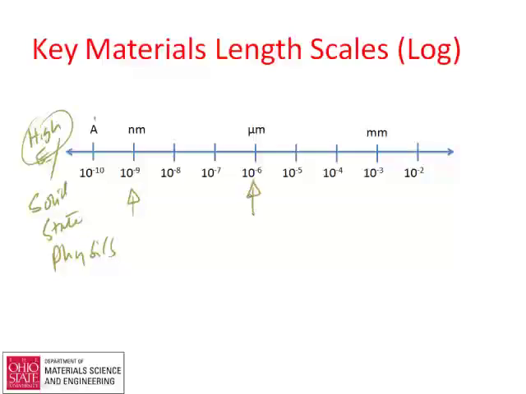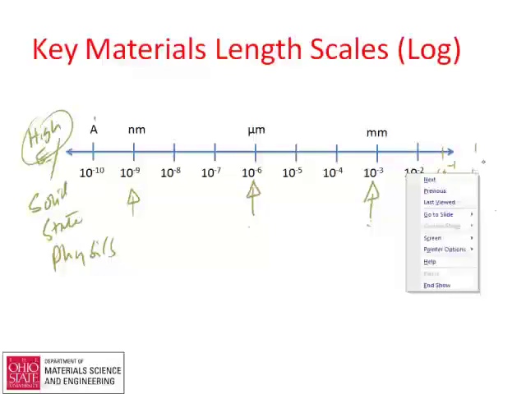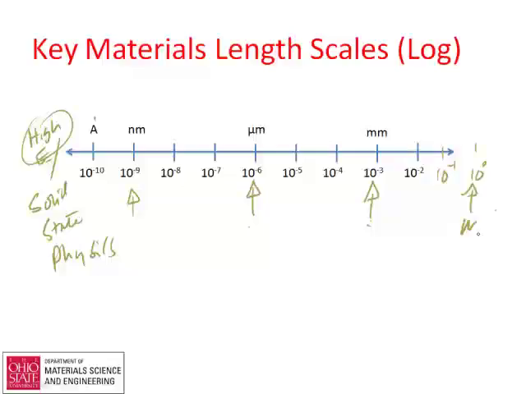A micrometer or micron is 10 to the minus 6 meters. A millimeter is 10 to the minus 3 meters. So a micron to a millimeter to a meter would be out here. So this would be a meter out here.